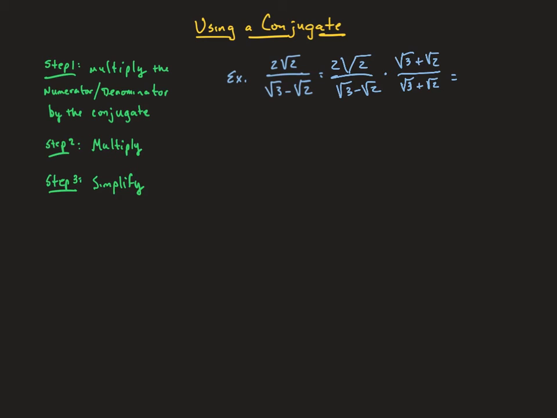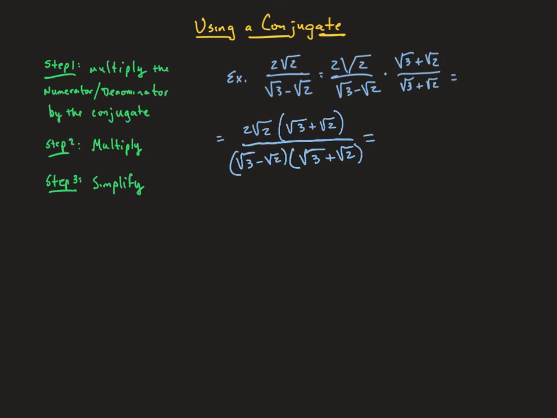So remember, we'll just write this here, that I have 2 square root of 2 times the square root of 3 plus the square root of 2 over the square root of 3 minus the square root of 2 times the square root of 3 plus the square root of 2.